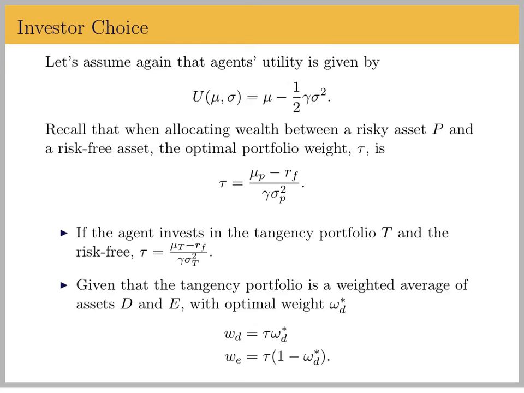So what I'm saying is, let's say that you have $100 to invest, and that tau is going to be 80%. So you're going to take $80 and put it into the tangency portfolio.